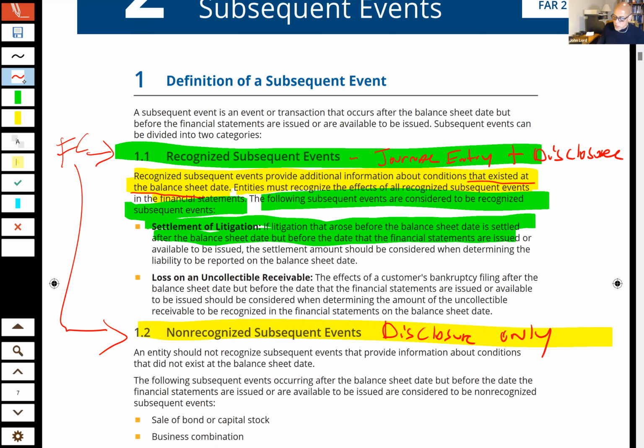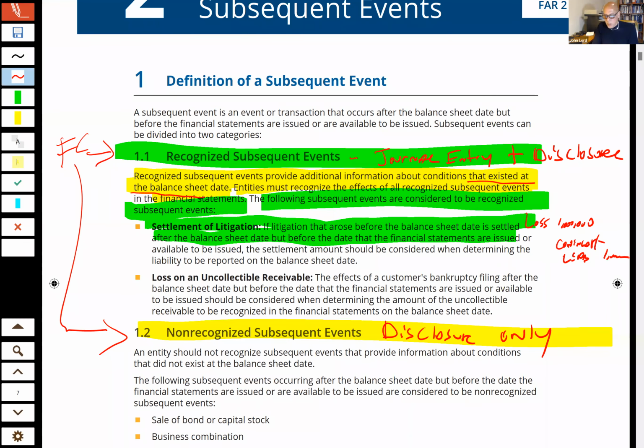So the journal entry will literally be to what? Debit loss, making a number up for $1 million. And credit a contingent liability for the $1 million.